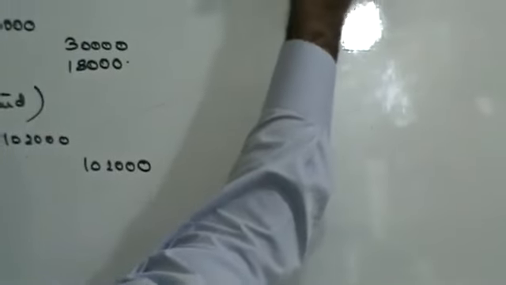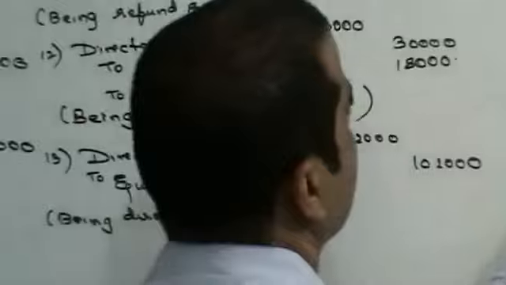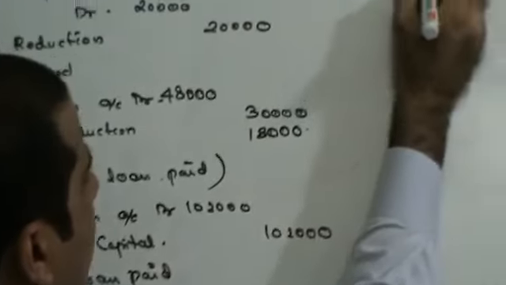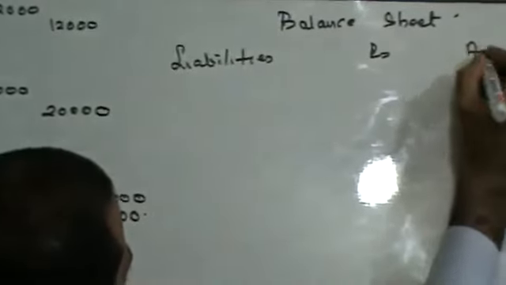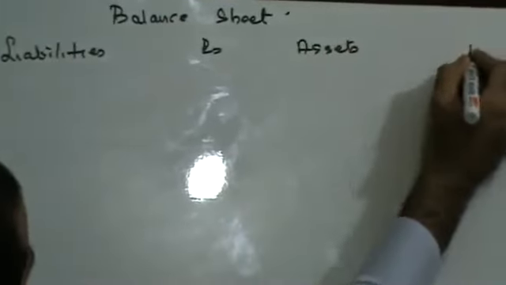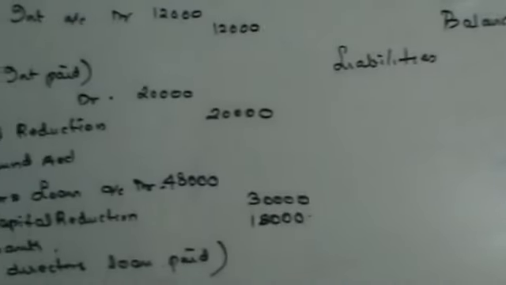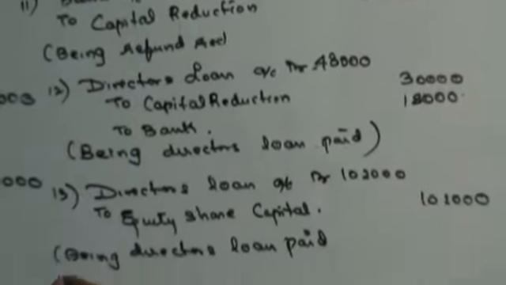Let's make a balance sheet, guys. Balance sheet as on. Liabilities, rupees. Assets, rupees. First, journal entry for this. This is on the debit side, so this will go on the credit side.